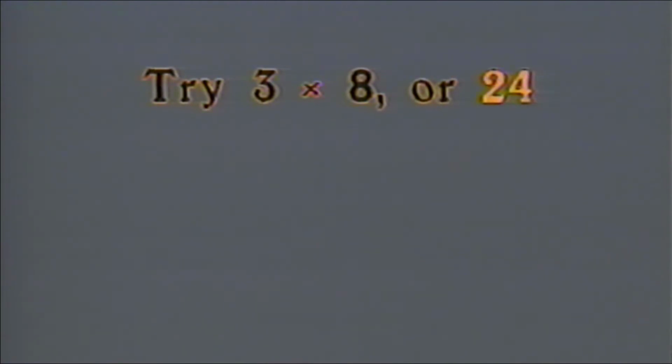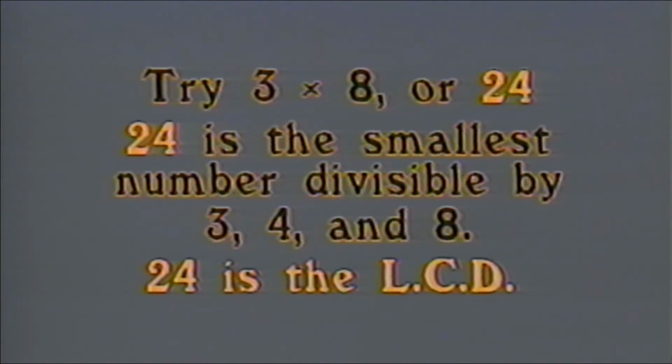But 16 also can't be divided by 3. Then try 3 times 8, or 24. That works. 24 is the smallest number that is divisible by all the denominators 3, 4, and 8. So, 24 is the LCD.